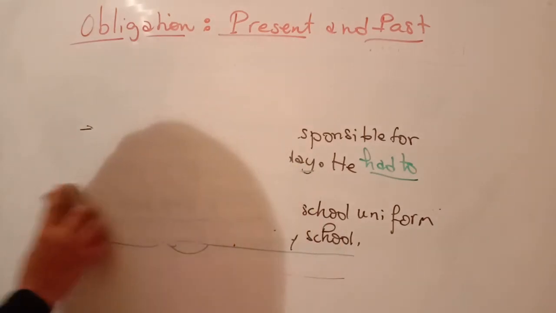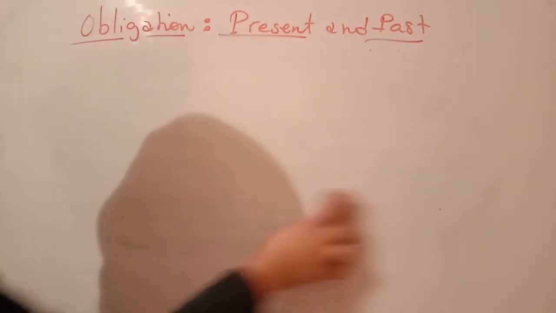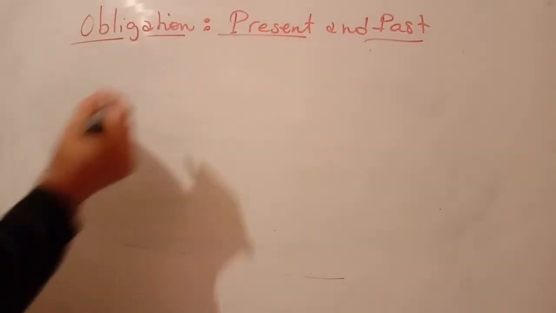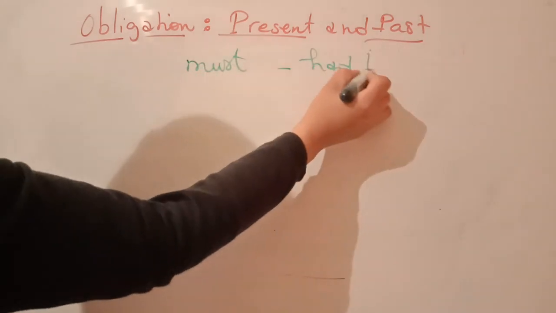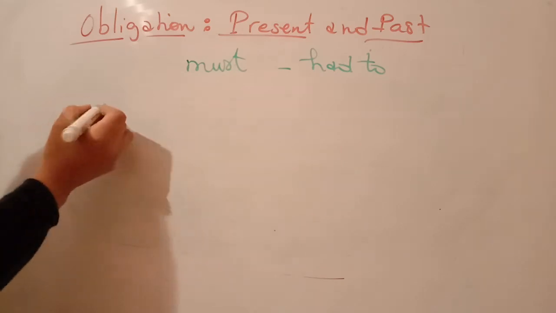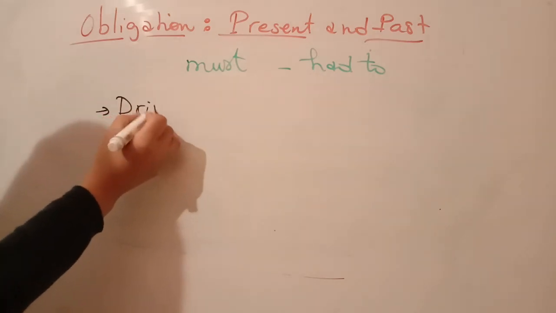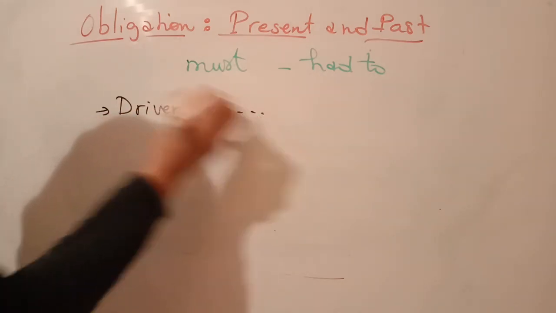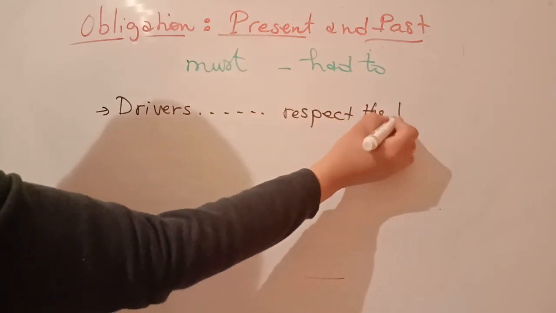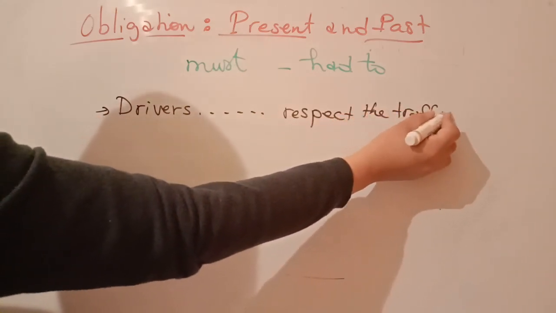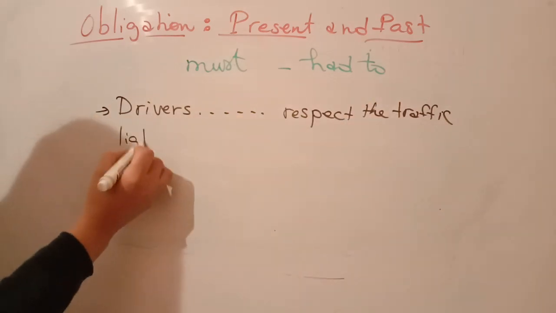So we are going to fill in the blanks together with either must or had to. Okay? First example, drivers blank respect the traffic lights.